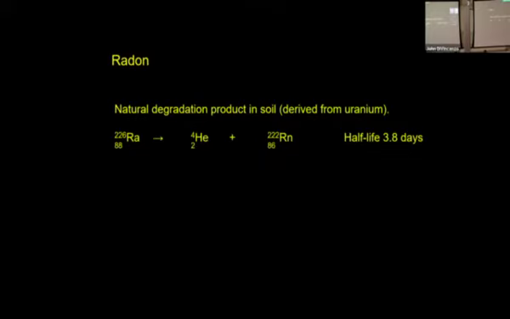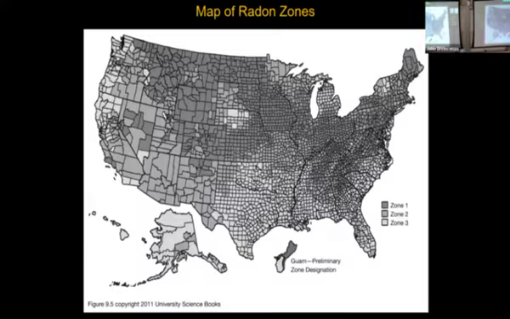Oh, here it is, in your book. Zone 1: counties with predicted average indoor radon levels of greater than 4 picocuries per liter. Zone 2 is between 2 and 4, and zone 3 is less than 2. It's in your book on page 216.